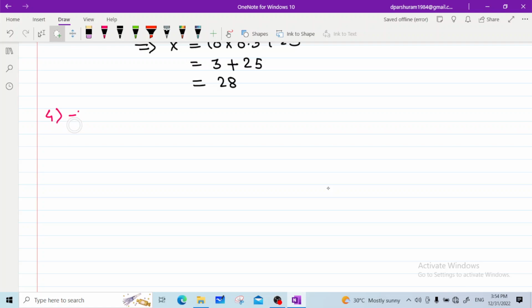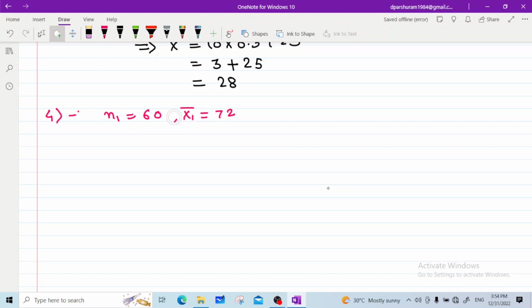Okay. First, we write the given things. Here the mean of marks of boys is 72 while their number was 60, that is, the value of n1 is equal to 60 and their mean is x1 bar is equal to 72.